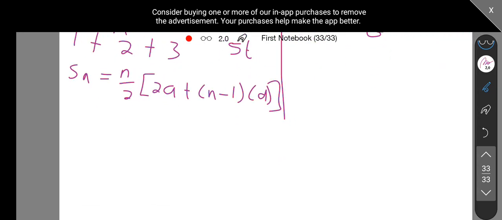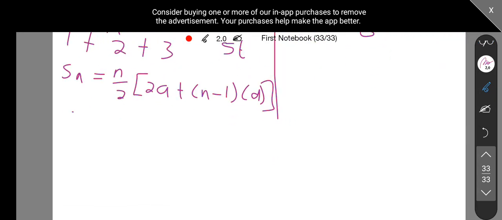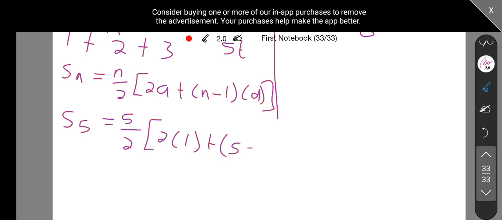So we're going to say that it's sum to 5 terms because the terms are 5. Sum to 5 terms is equal to 5 over 2 multiplied by 2 times the first term in the arithmetic part, which is 1, plus n, the number of terms, which is 5, minus 1, and the difference between consecutive terms in this case is also 1, and we're going to close it.